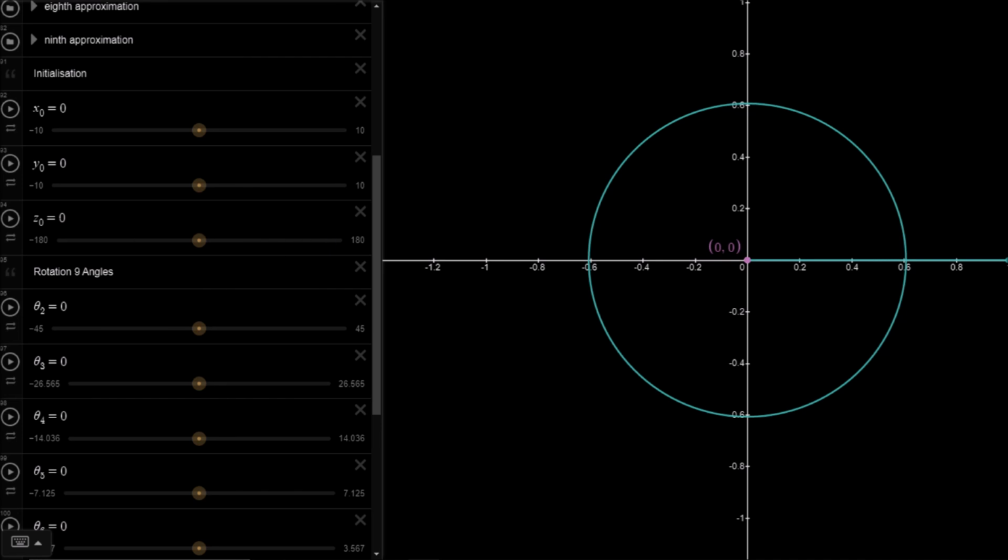Now, when we've added and subtracted these angles, the final angle for our Zn will have tended towards 0. That means that the final output that we're going to get will either be our xn or our yn. So that's how we run this simulation using vectoring and rotation modes.